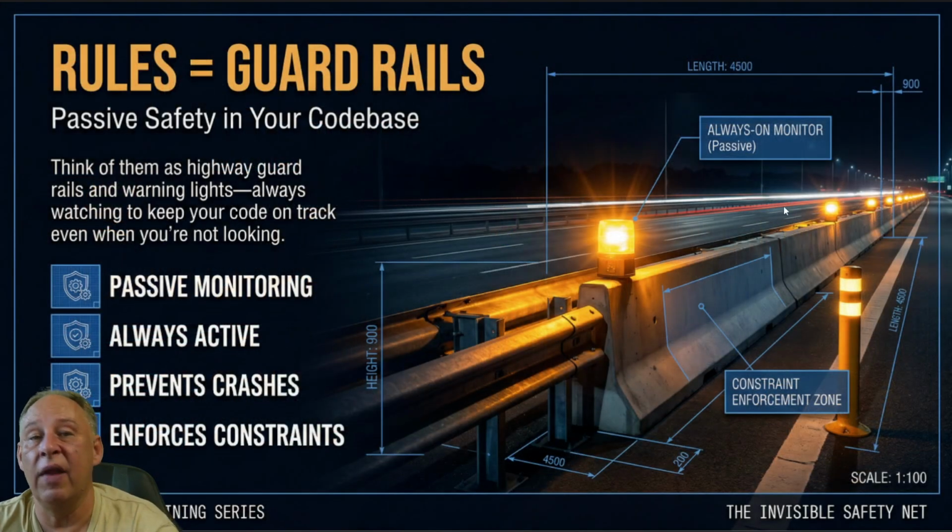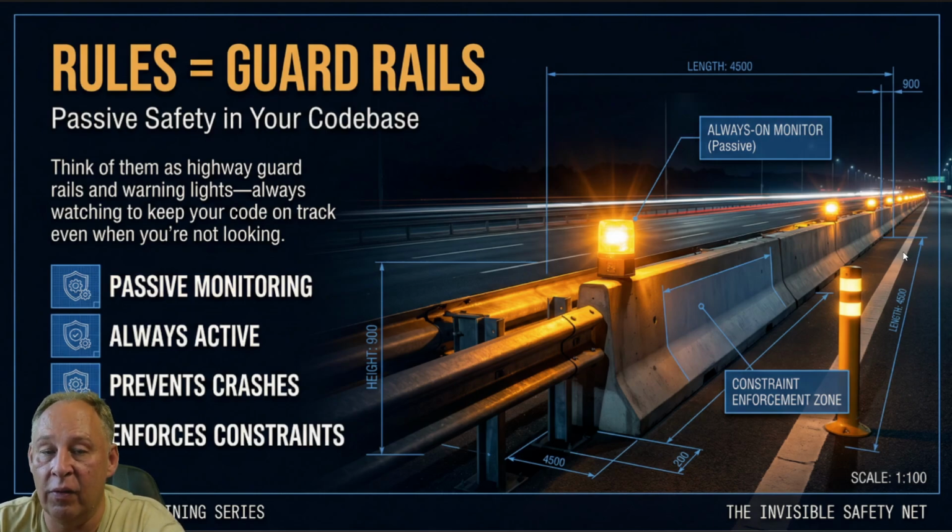So what we have now is rules, and rules give you constraints so that the AI doesn't go wild and do all kinds of weird things you didn't ask for. And it will do that if you don't have rules. Let me tell you something about AI. AI lies.